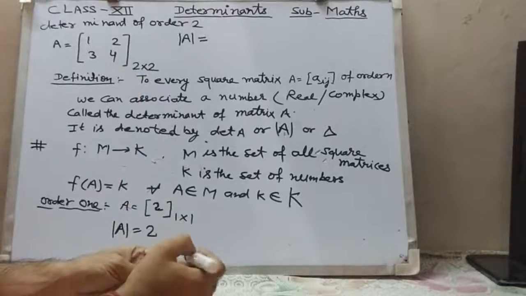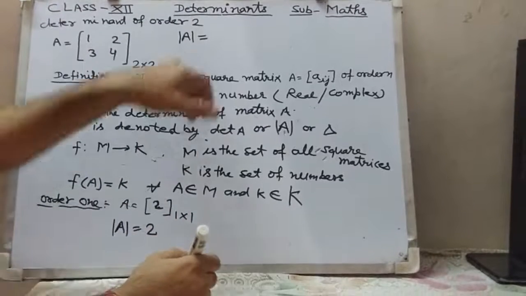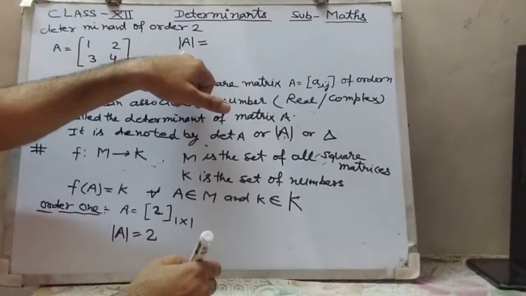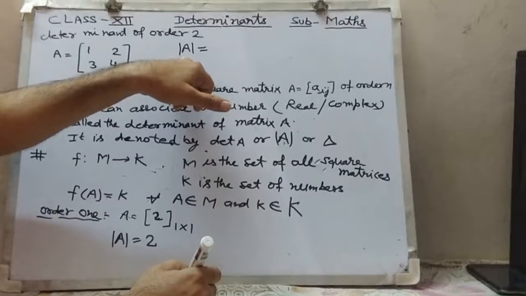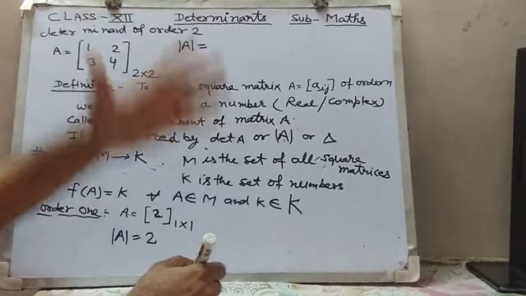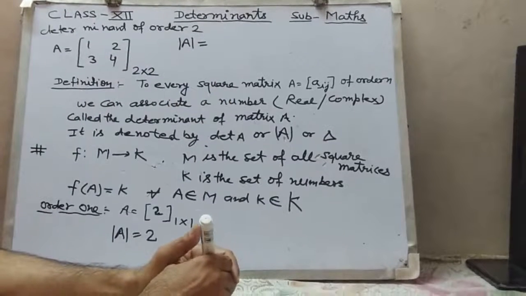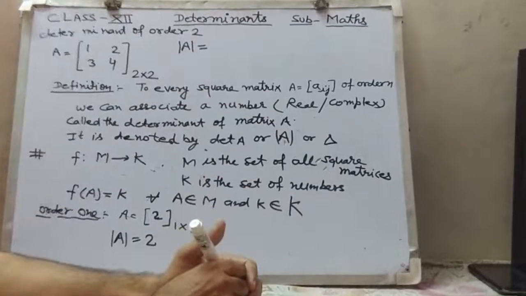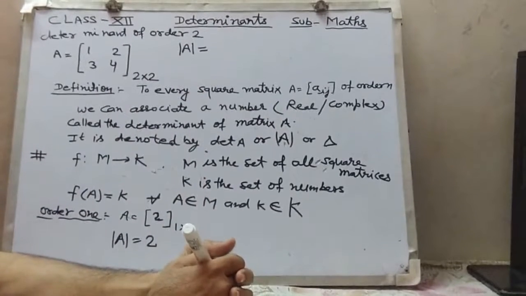We have to be careful here. This is not modulus. This is determinant A. So its value may be negative also, negative, positive, any real number or any complex number. So we should not be confused that every time its answer should be positive. Its answer may also come negative also.